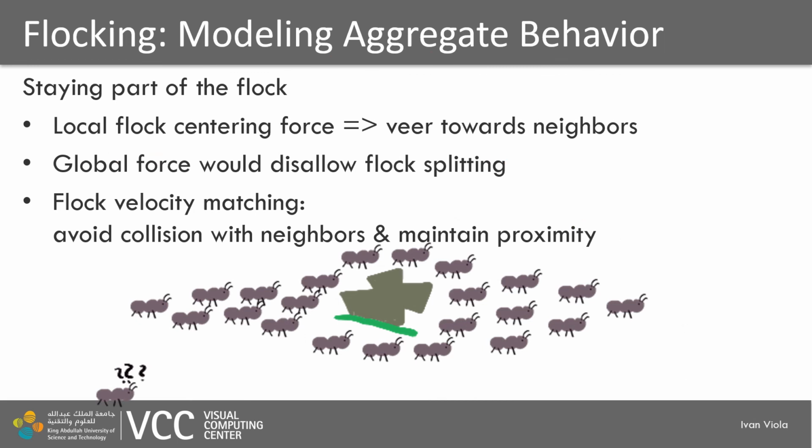Let's have a look at an example where we can see what forces can be in place. So often this flocking has several forces. First of all, the member of a certain group wants to somehow match the velocities with its peers.